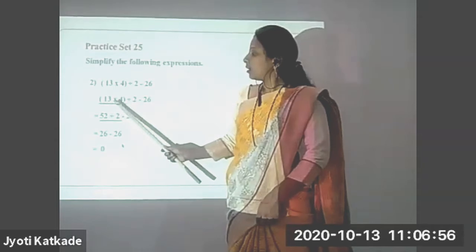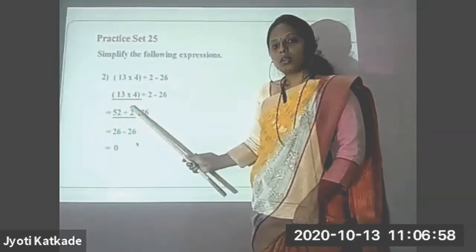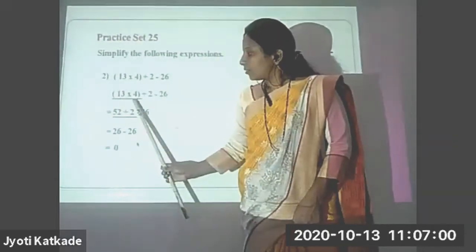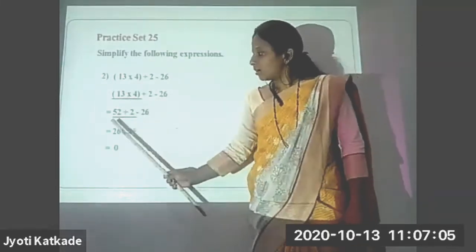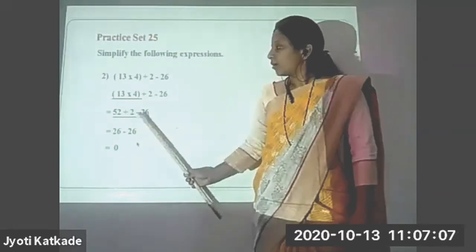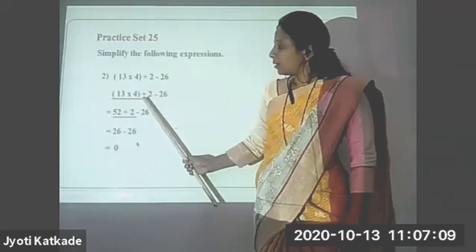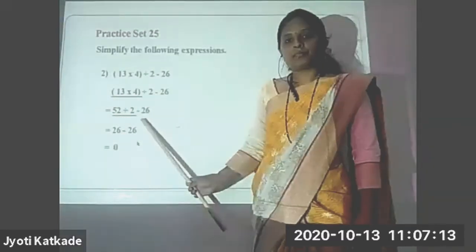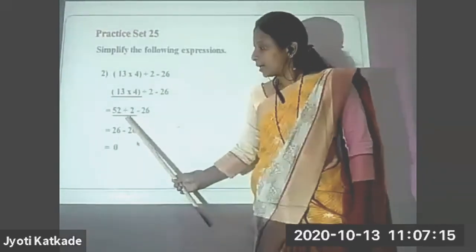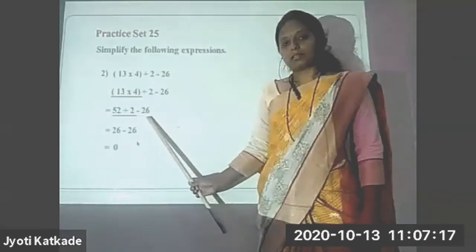So 13 into 4, we get 52. And divided by 2 minus 26, write as it is. 52 divided by 2 minus 26.